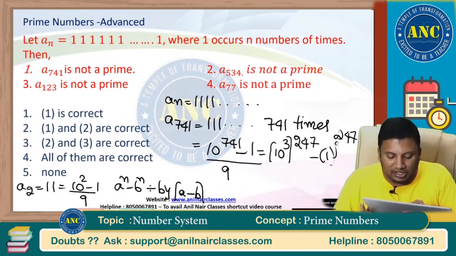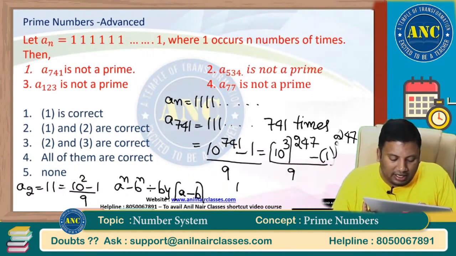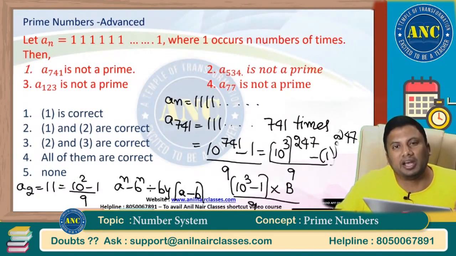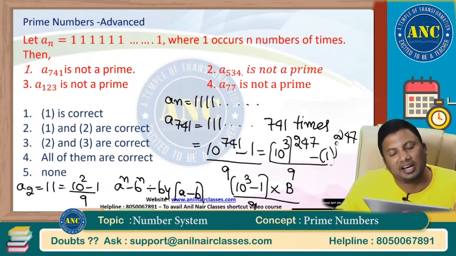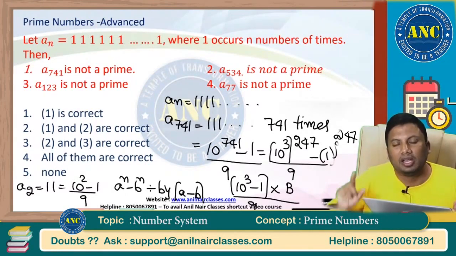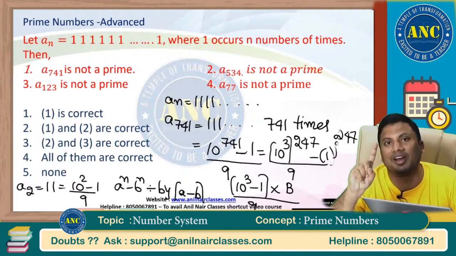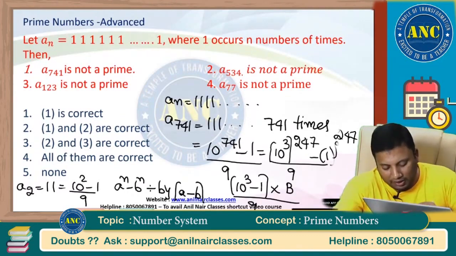A power n minus b power n divided by 9 is always divisible by 10 cube minus 1 into some number, let me call it b, divided by 9. 10 cube minus 1 is 999, divided by 9 is 111. If it is a prime number, one factor should be 1. Are you all with me? One factor should be 1.